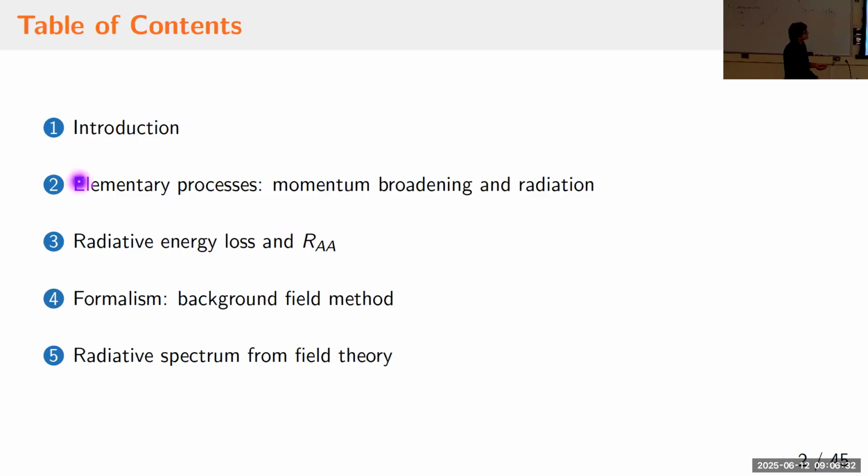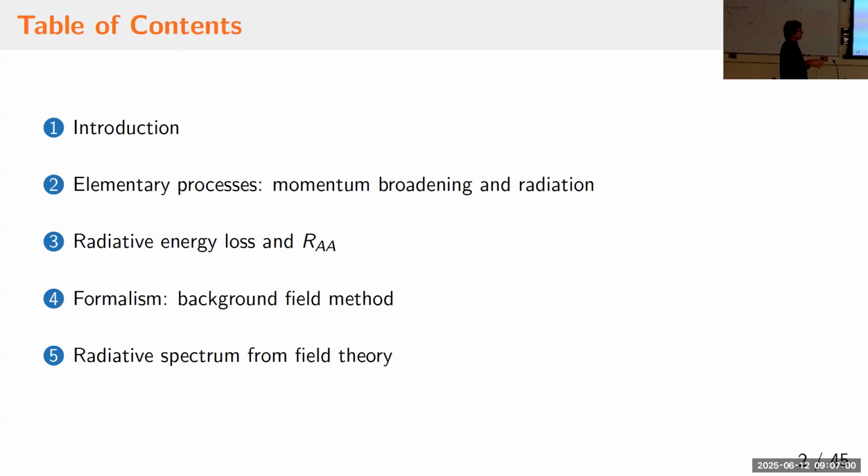It can be divided into three parts. I start with the introduction, the context. Then I'll discuss the elementary processes. I'll try to introduce what are the elementary processes that we need to account for to understand how jets interact within a hot QCD matter, which is the quark-gluon plasma produced in heavy ion collisions.